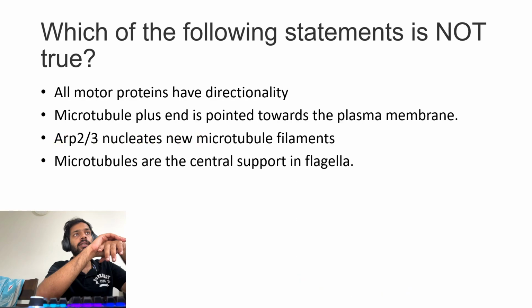Okay. Which of the following statements is not true? All motor proteins have directionality. Microtubule plus end is pointed towards the plasma membrane. ARP2/3 nucleates new microtubule filaments. Or microtubules are the central support in flagella.